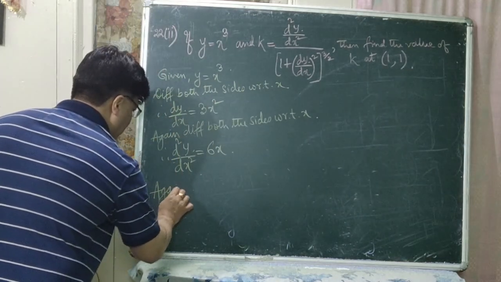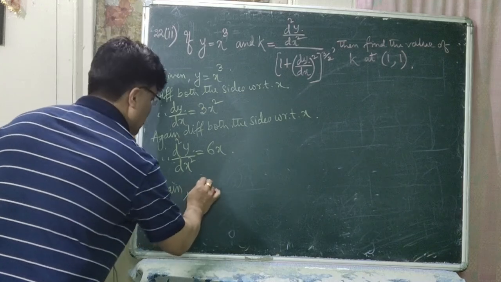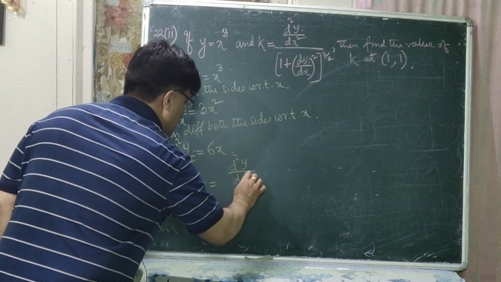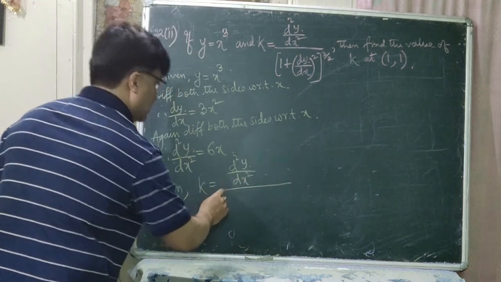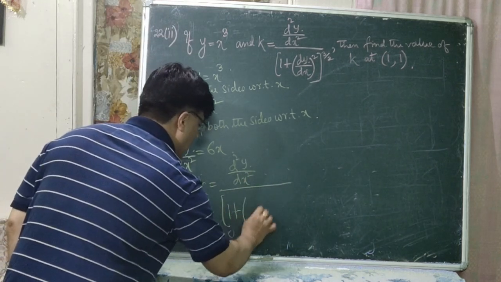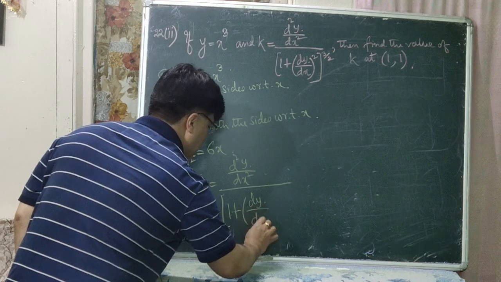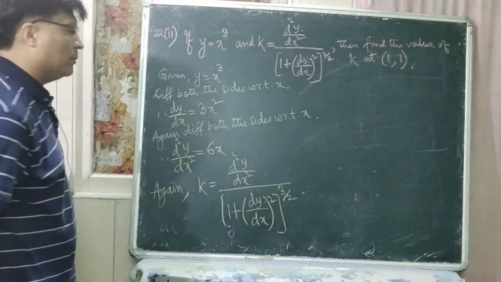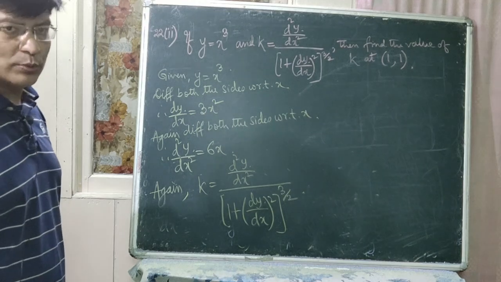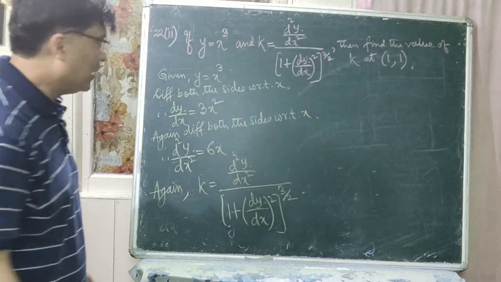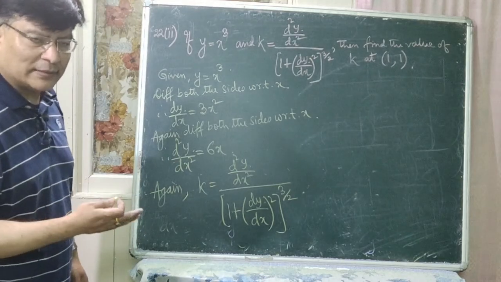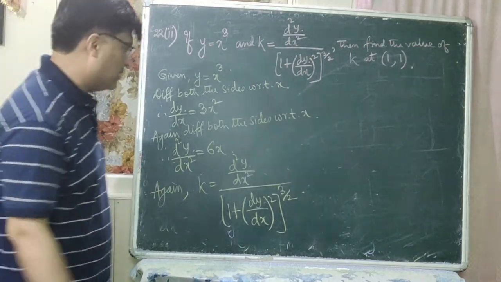So again here given is k is equal to d2y by dx square divided by within third bracket 1 plus dy by dx whole square, third bracket closed, whole to the power 3 by 2. So that is given. Okay. So let us put the value for both first order and second order derivative.